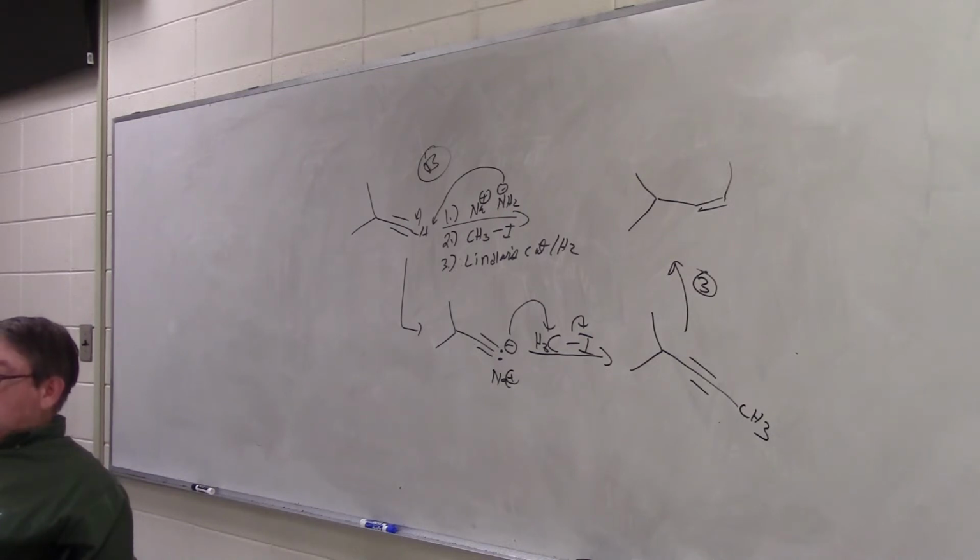Chapter 2, you're going to have to remember how to figure out whether something is R or S. Know how to use your model kits. The maximum number of stereoisomers is 2 to the n, where n is the number of stereocenters. You're going to have to know your polarimetry, right? The equation for that is what?